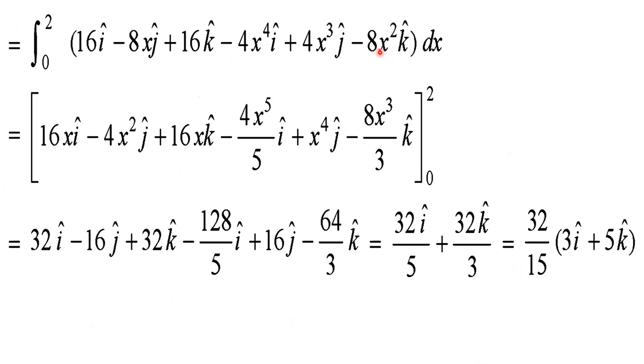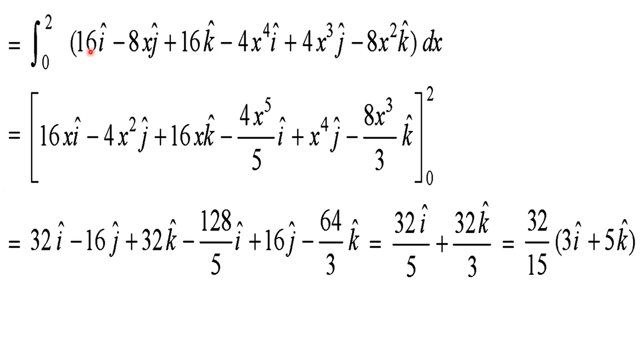Now our last integration is with respect to x, and we have to integrate 16 with respect to x. So this will just give me 16x, because I have to multiply this dx with everything.